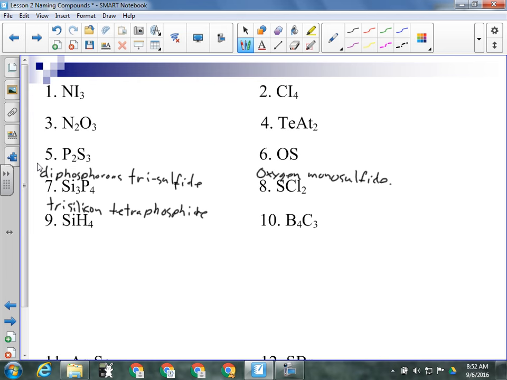Sulfur with 2 chlorines. Let's try Gareth this time. Right. Number 9. I've got silicon with 4 hydrogens.